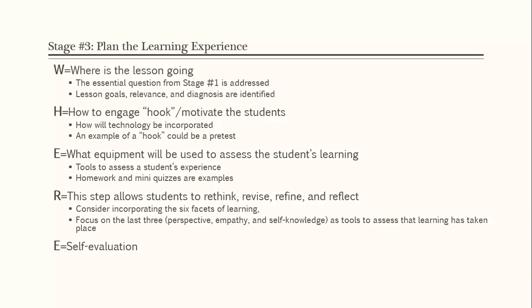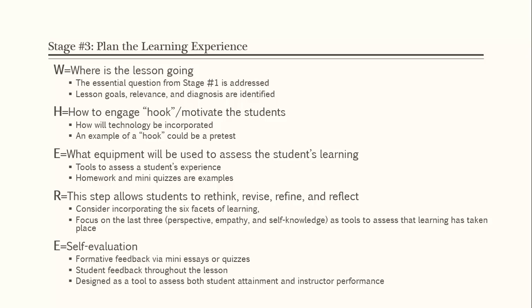E is the self-evaluation. You can self-evaluate by utilizing formative feedback via mini, essay, or quizzes, student feedback throughout the lesson, or designed as a tool to assess both the student attainment and instructor performance.